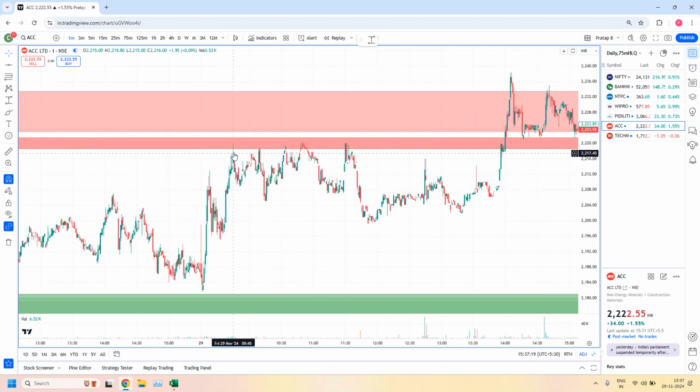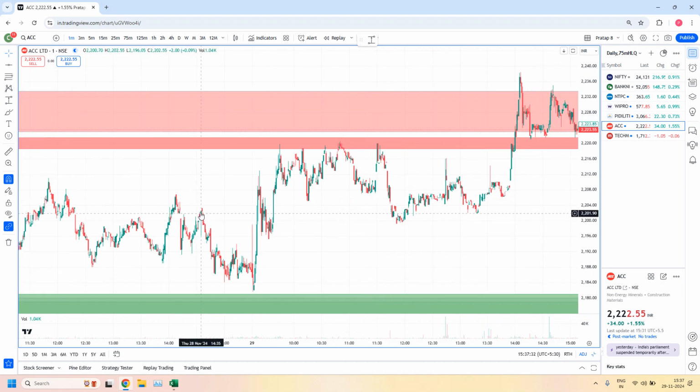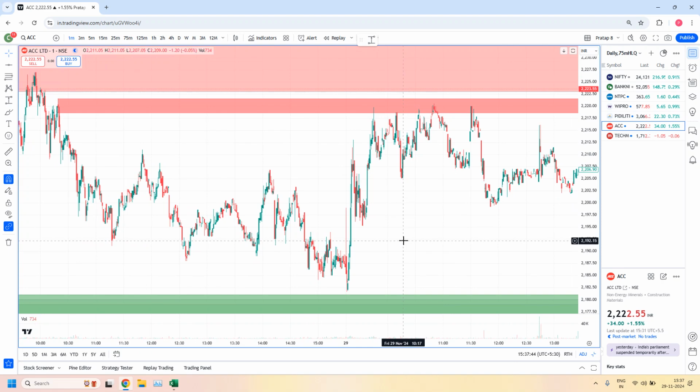See, when first time it reached 945, it reached. But initially you don't bother about this 1 minute, because many of these 1 minute zones will violate. See, all these 1 minute zones are violated here. This is one 1 minute zone, this is another 1 minute, this is another 1 minute. All these are violated. Like that, this also will be violated. That is how you will be assuming.